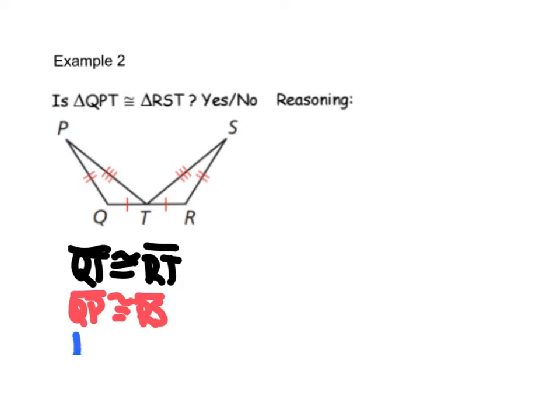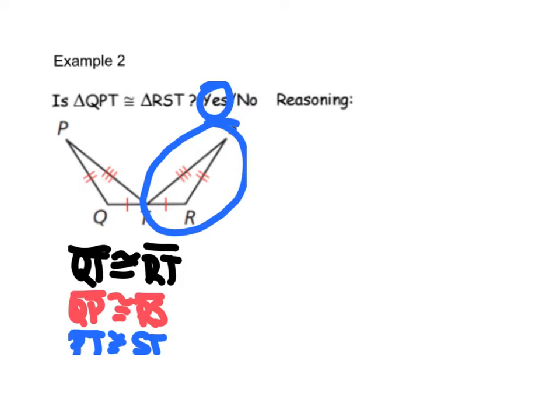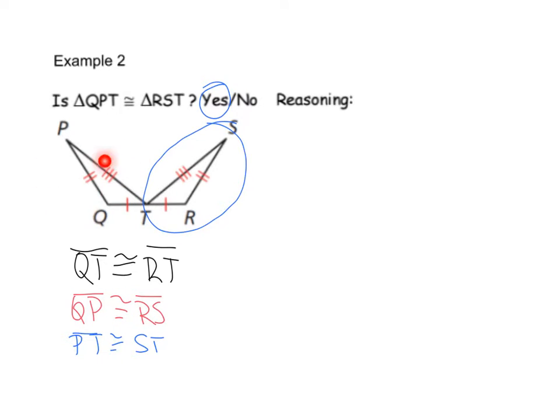And we can also see that PT is congruent to ST. So we can see that it has three sides that are congruent to each other. Therefore, yes, this triangle would be. Notice if you flip this triangle over on top of triangle QPT, it would fit right on top of each other and everything would match up perfectly. So our reasoning is going to be side, side, side.